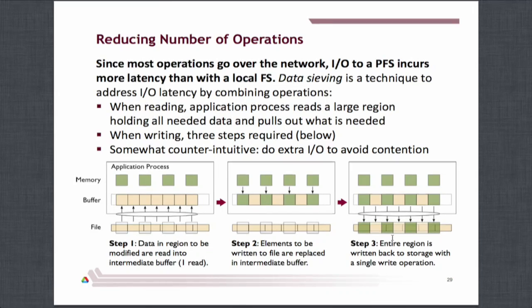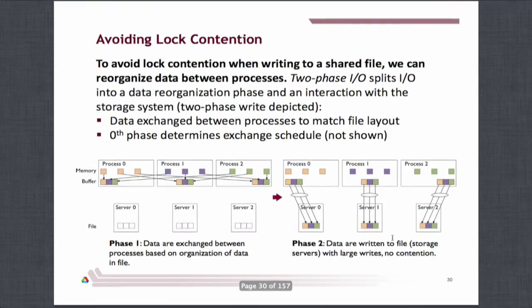So this looks a little weird because you're doing a lot more I/O than you actually needed to, but the point in this case is that that's actually faster, because even though you're doing more I/O, you're doing it in a small number of operations, and you've got a lot of bandwidth at your disposal in these systems. So this kind of optimization sounds funny, but actually it can help quite a bit. And I'll show an example later of what it can do for you.